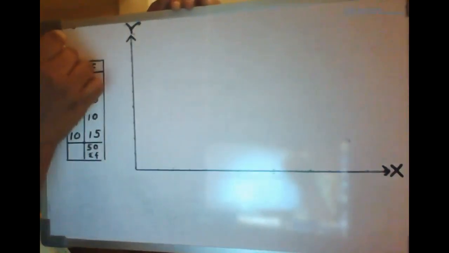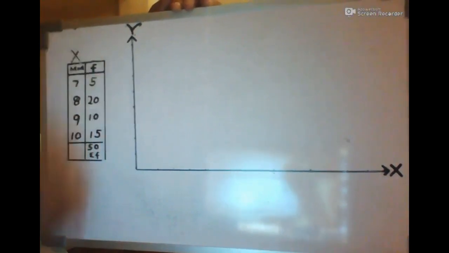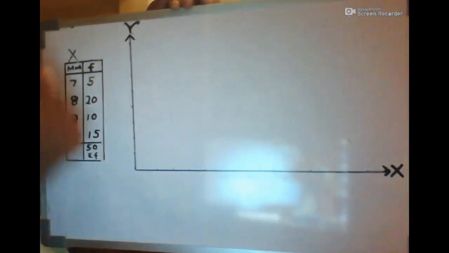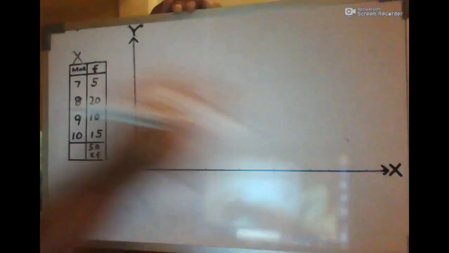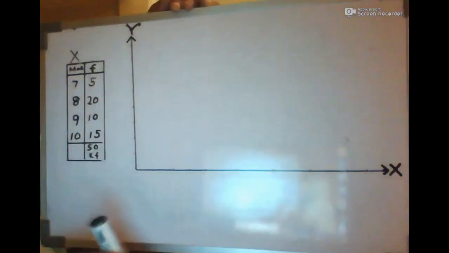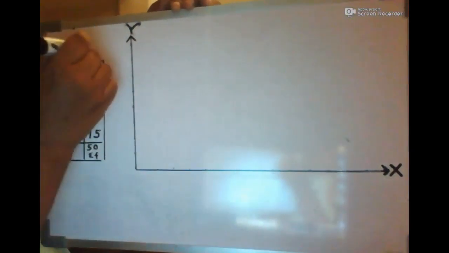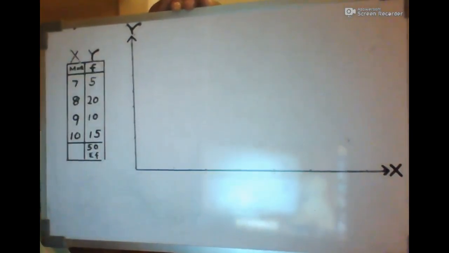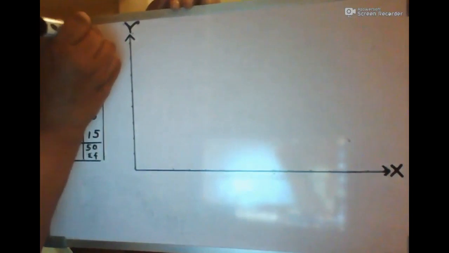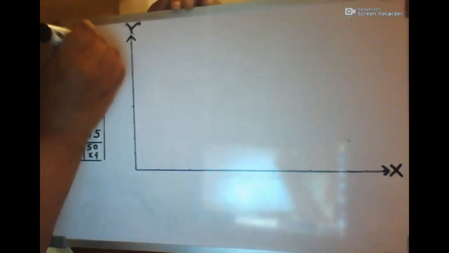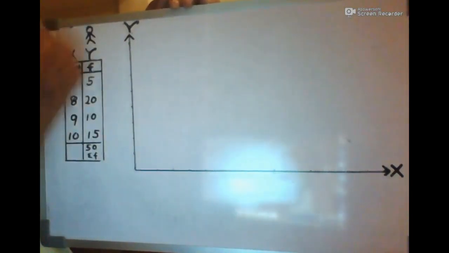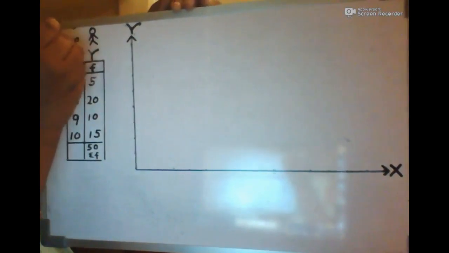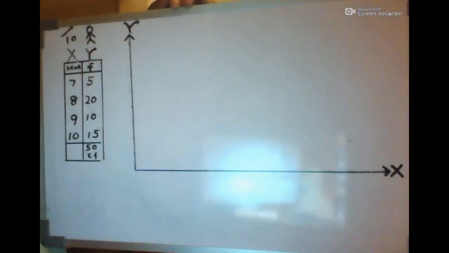So x-axis is the marks. Remember that, right? On the y-axis, the students, and on the x-axis we take the marks.